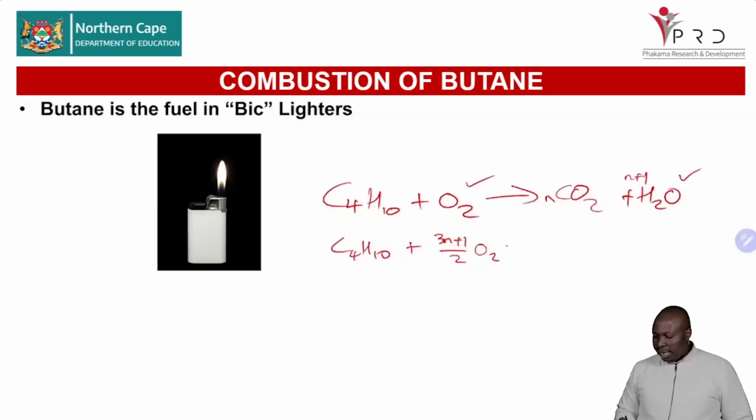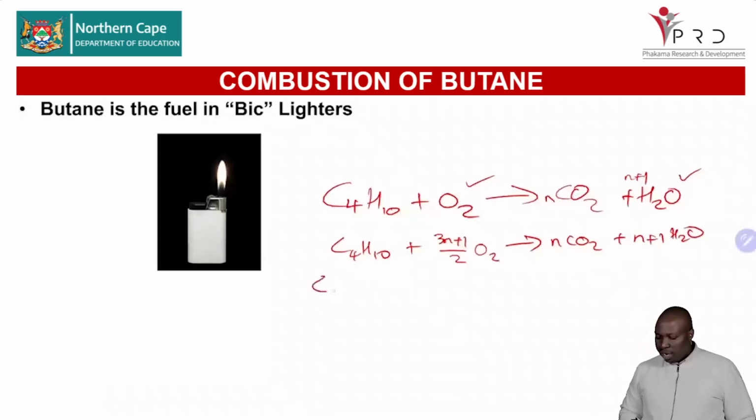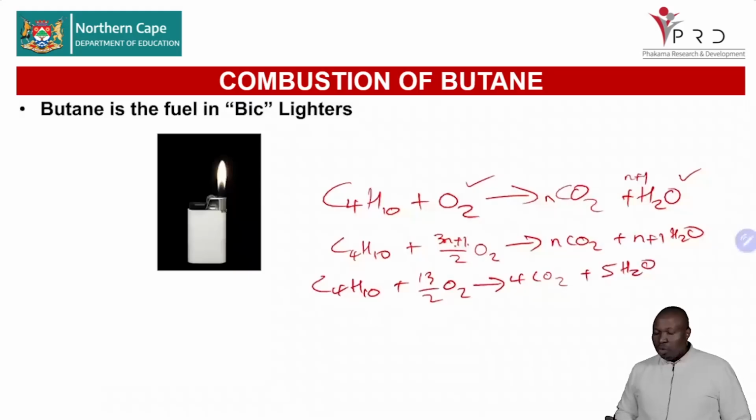If we do it like that, you say nCO2 plus n plus 1 water, and n is the number of carbons. So you're simply saying, okay, C4H10 plus, n is 4, 3 times 4 plus 1 gives you 13. So you're able to get 13 over 2 O2, n is 4 CO2, n plus 1 is 4 plus 1, which is 5 water.